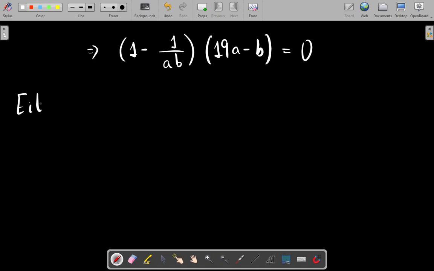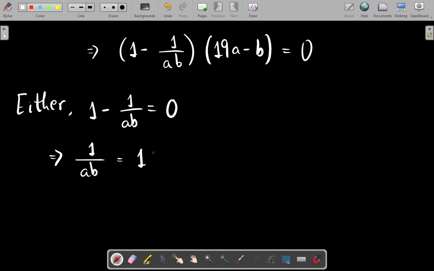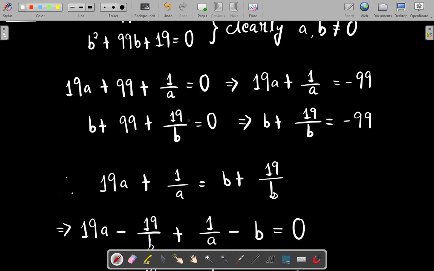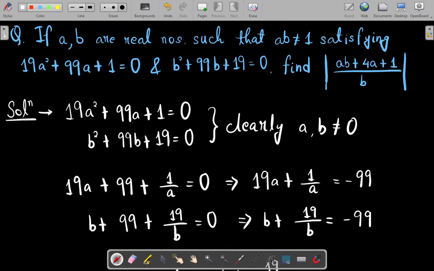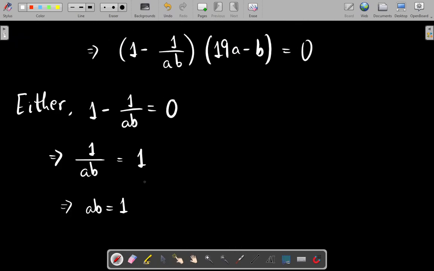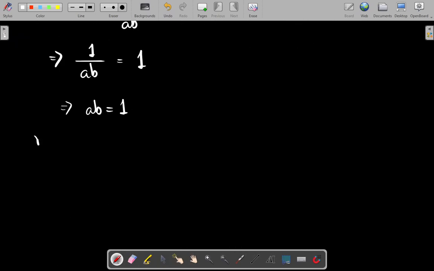Either 1 - 1/ab = 0, which implies ab = 1. But we are already given that ab is not equal to 1, so this is rejected.